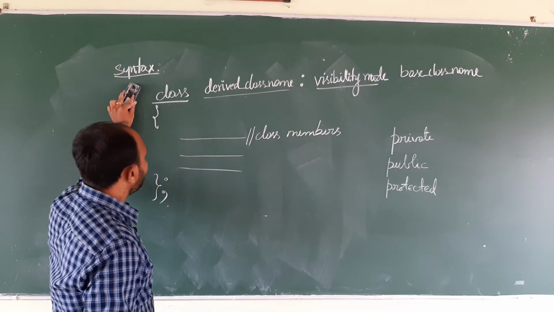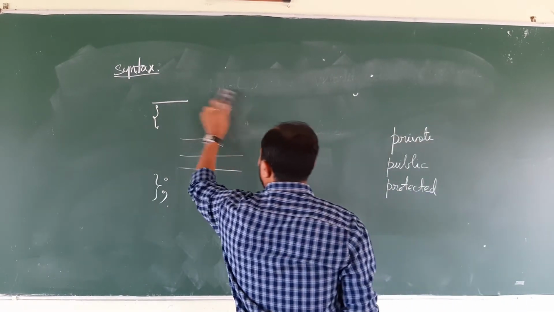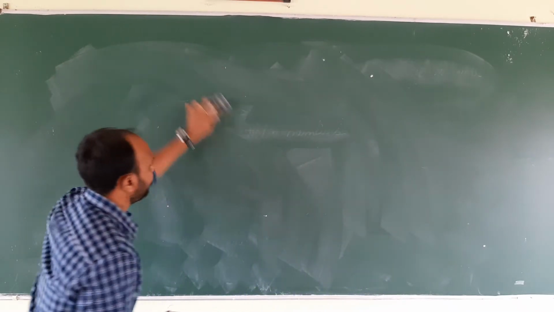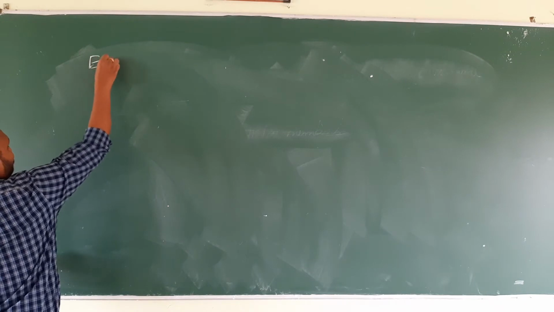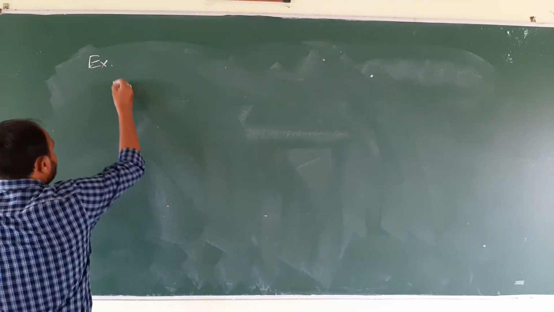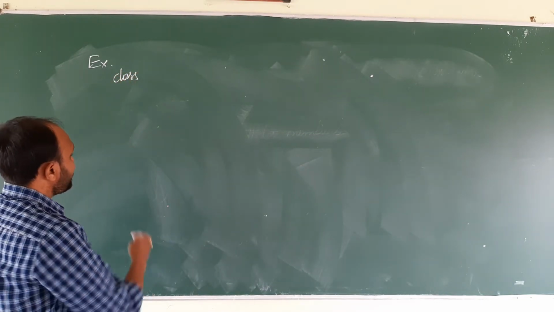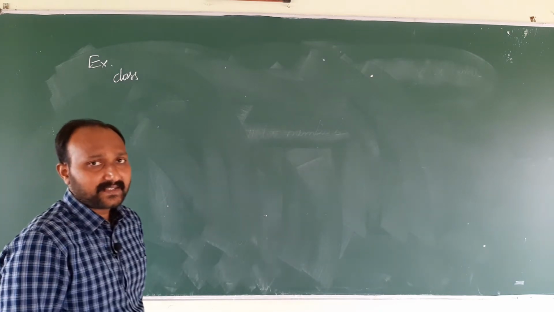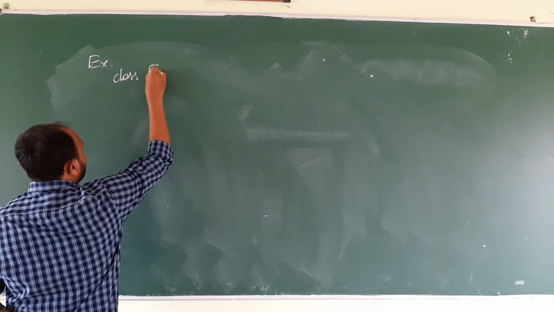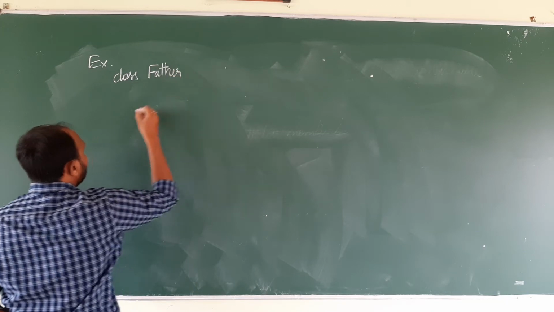Now, let us consider an example for a derived class. Please notice here. The derived class syntax starts with class, followed by, let us say, a base class by the name Father.